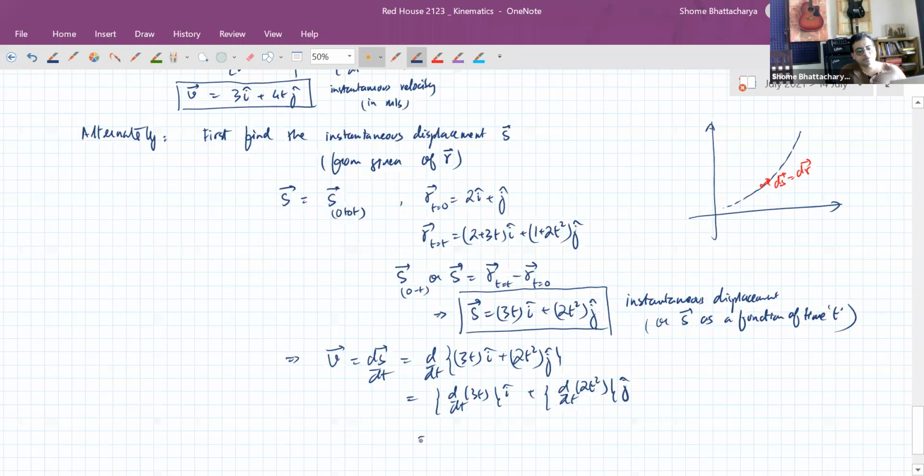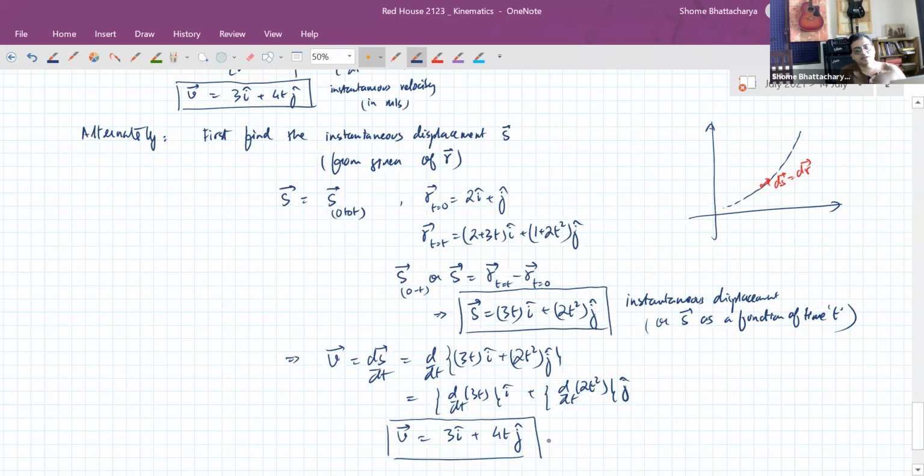So you can see the x component of velocity will become a constant because the x component of displacement was linear, whereas the y component of velocity will become linear with time because the y component of displacement was quadratic. So this is my velocity.